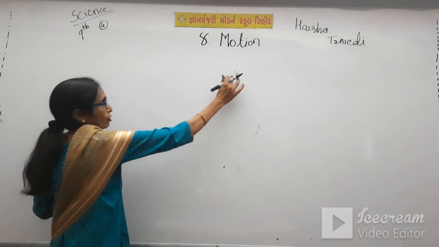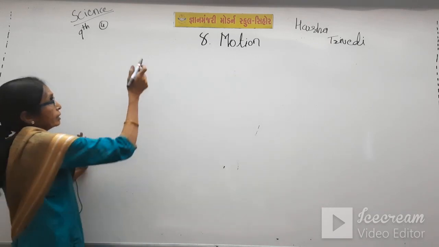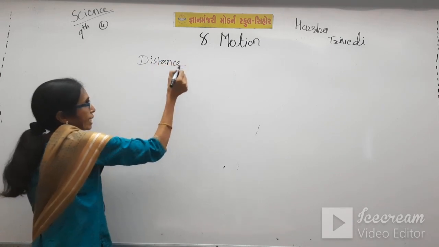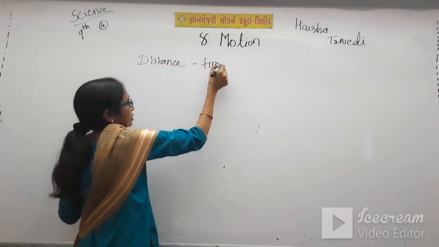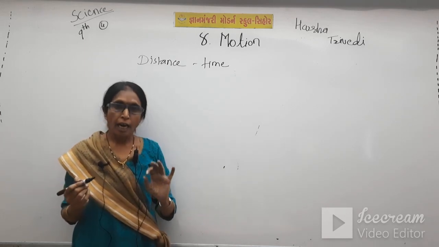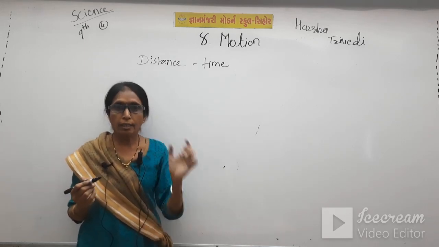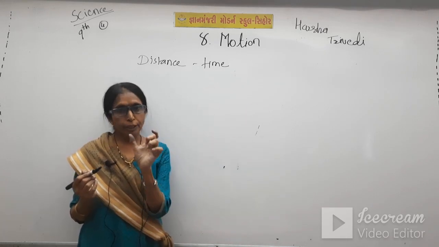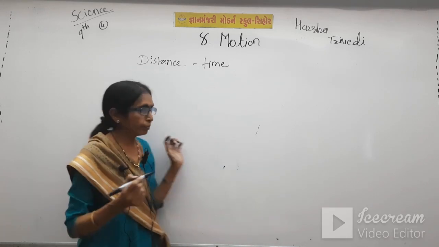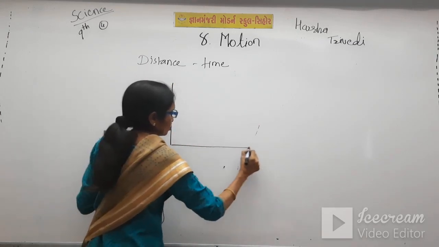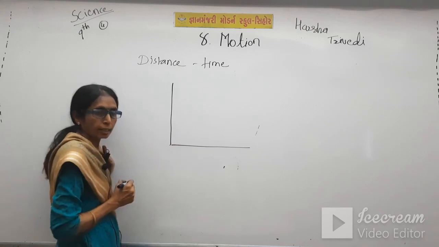Suppose, first of all, we are considering the distance time graph. That means, for a particular vehicle, how much distance is covered by the vehicle in a particular interval of time. So these are the 2 axes here.